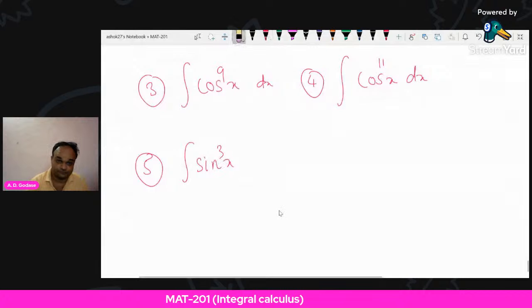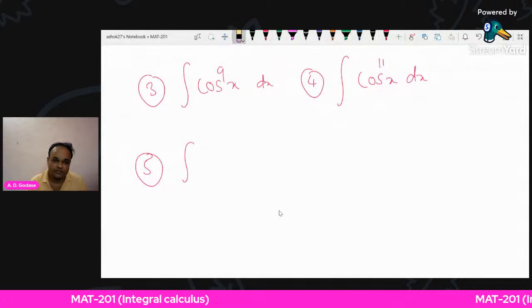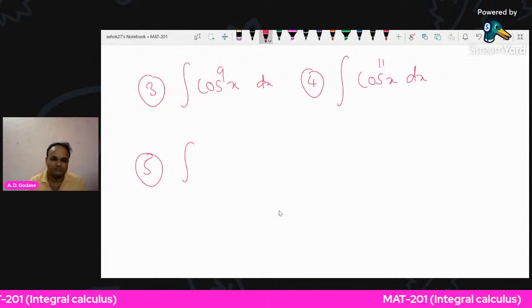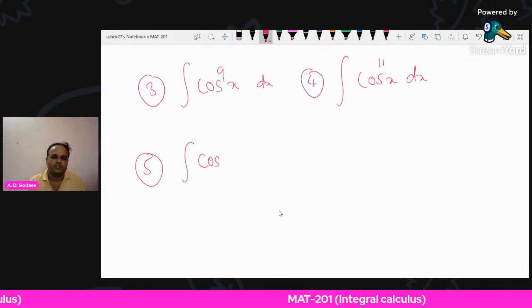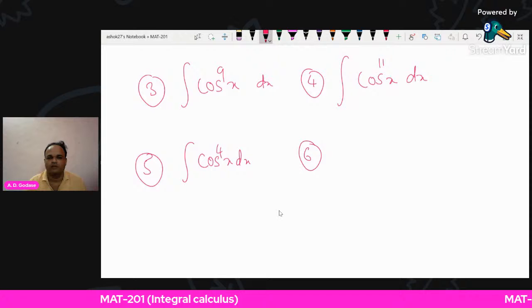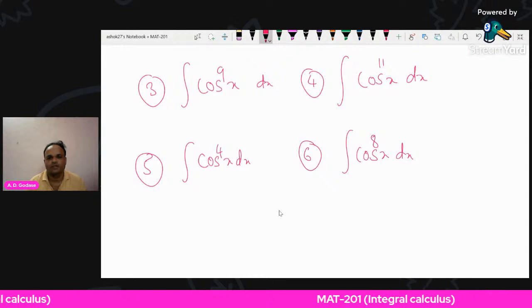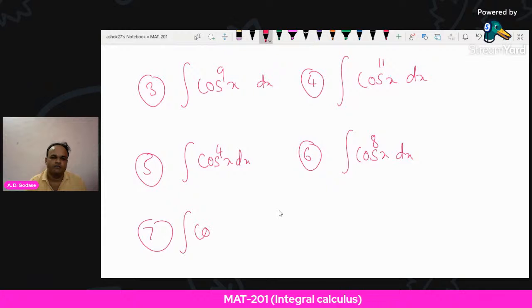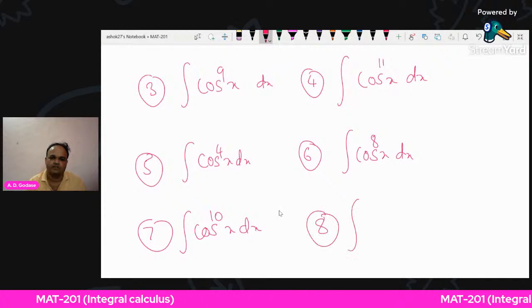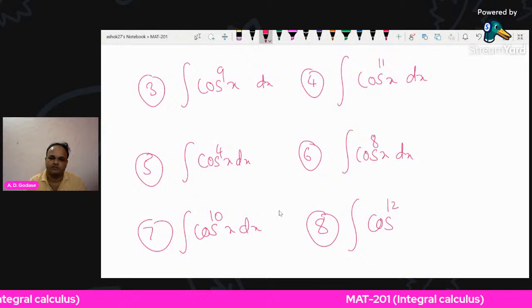Then the integration of cos raised to 4x dx. Then the integration of cos raised to 8x dx. Then the integration of cos raised to 10x dx. And last, you can find the integration of cos raised to 12x dx. So solve these problems.